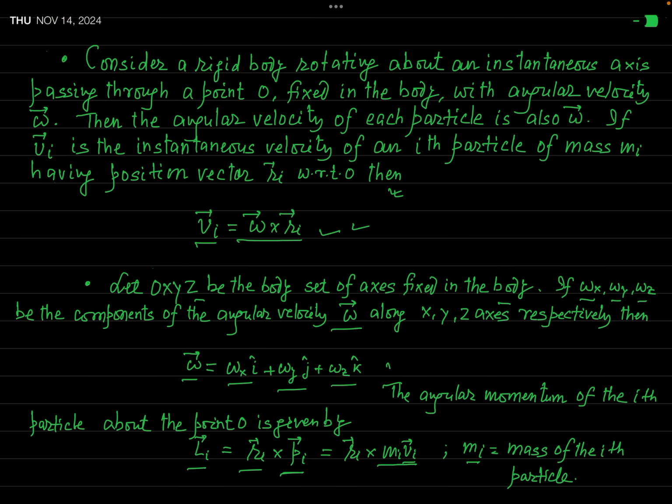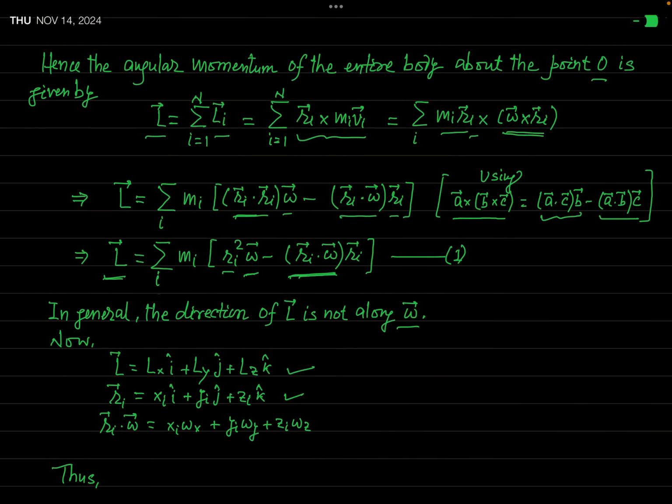So the scalar product of Ri and omega, which exists in the expression of L, will be this much. A scalar product is found by simply taking the product of the corresponding components and summing over. So Ri dot omega is equal to this much. Now let us substitute this value of Ri dot omega in equation 1 and simplify the result.